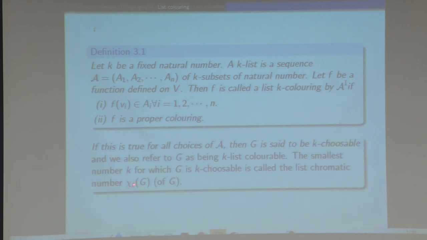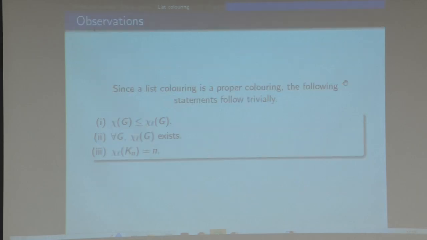I am going to use the subscript L for list coloring. List coloring is a proper coloring, and therefore the chromatic number is less than or equal to the list chromatic number. So if I can work hard and succeed in proving some bound on the list chromatic number, then it naturally gives an upper bound on the chromatic number. That the list chromatic number exists is very clear.